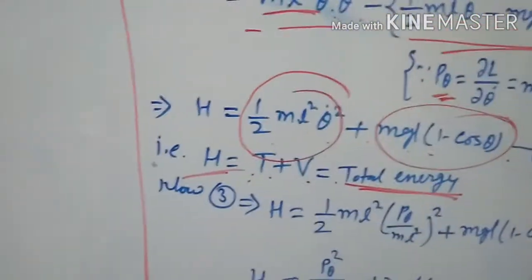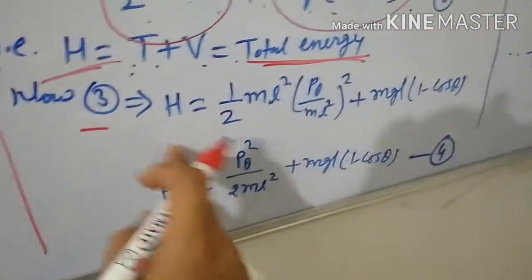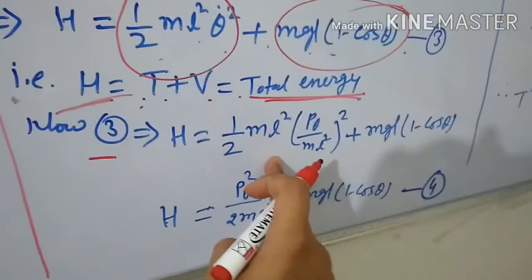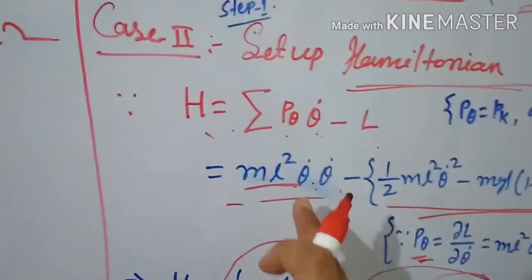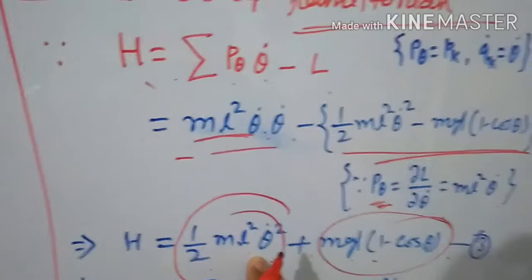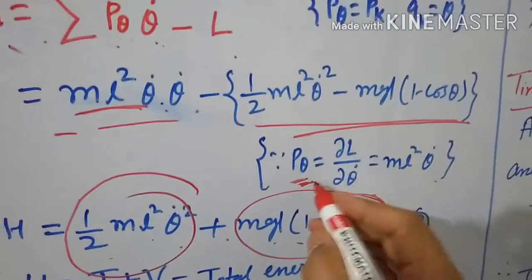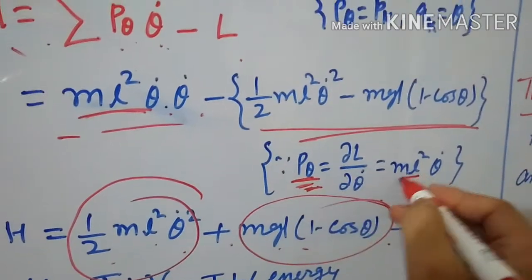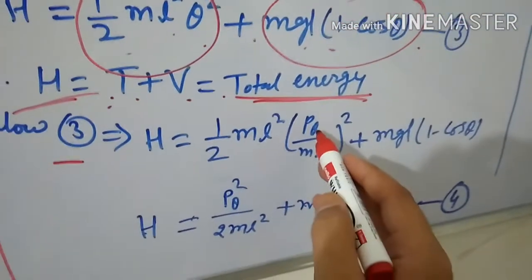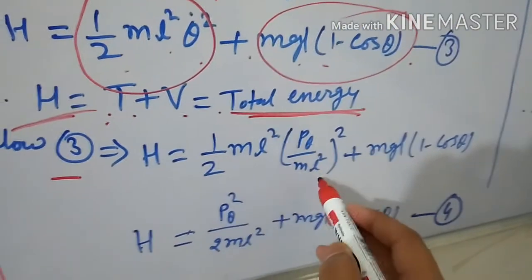Now, equation third implies H equal to half ml square theta dot square, and here the value of theta dot may be written as P theta upon ml square. So we put here the value of theta dot as P theta upon ml square.